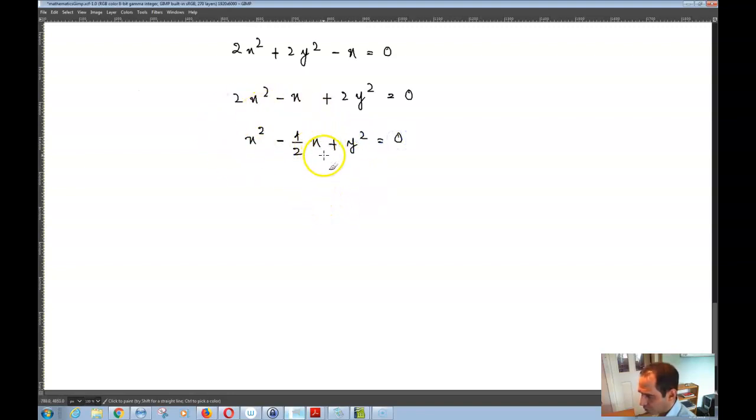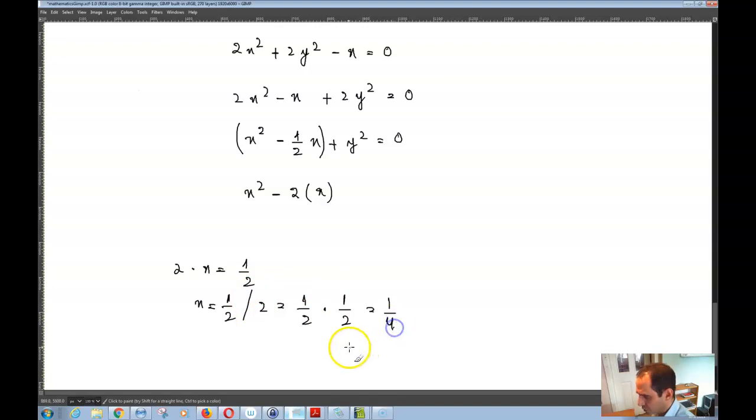And then I can write this part as x squared minus 2 times x times, basically you have to multiply 2 by something to get 1/2. So multiply 2 by something to get 1/2. So x is equal to 1/2 divided by 2, which is equal to 1/2 times the reciprocal of 2, which is equal to 1/4. So I write over here 1/4.